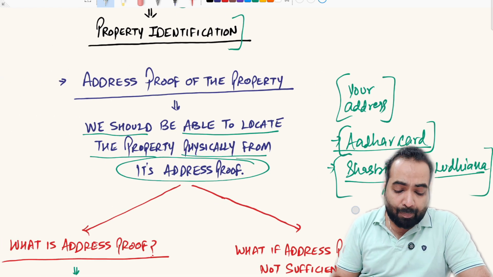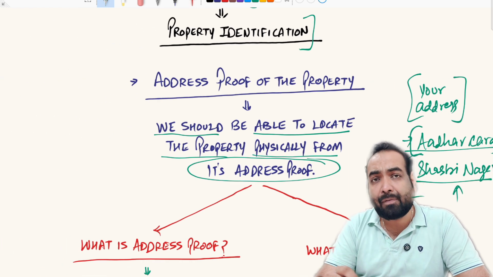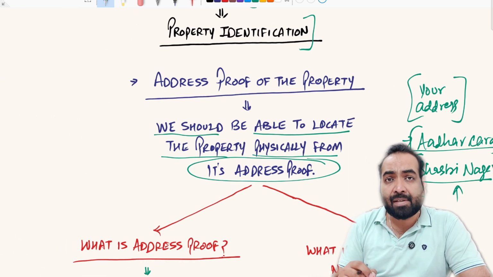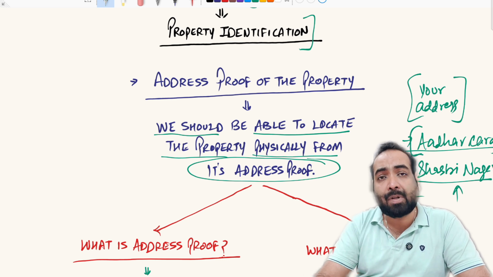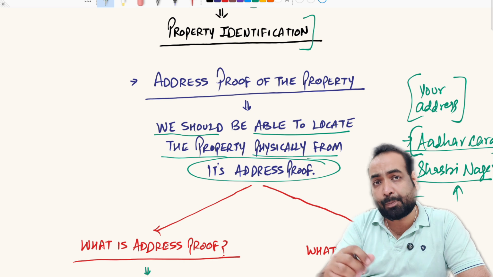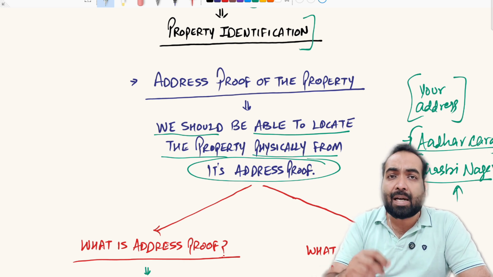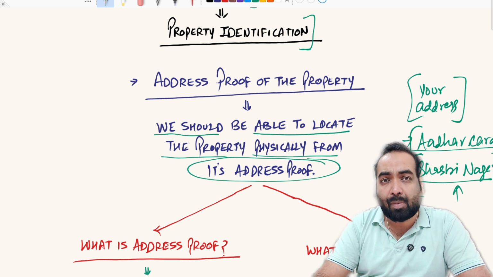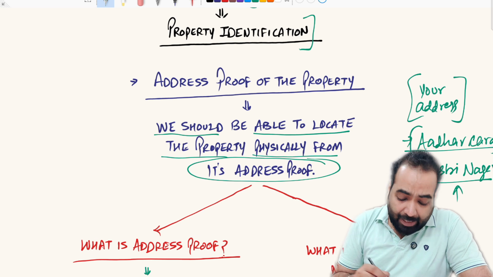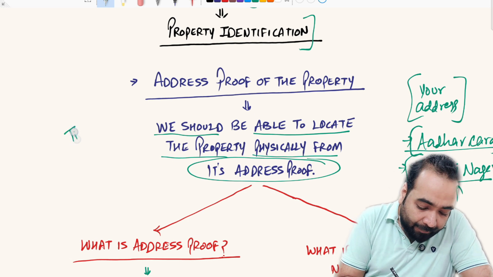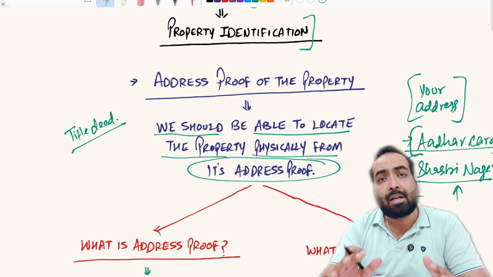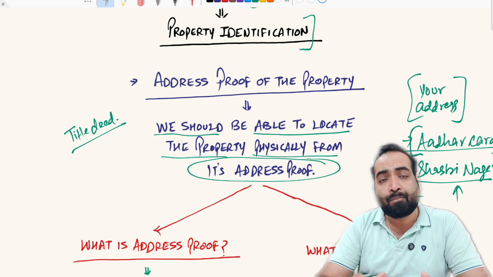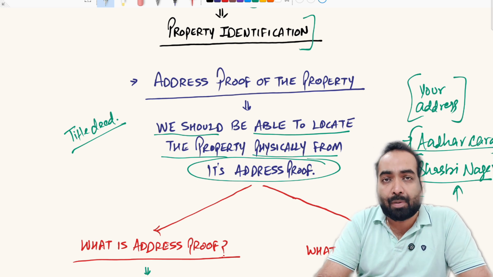And similarly for properties, the bank should be able to physically reach the exact location of the property by reading the address proof of the property. Now you will ask, sir, what is the address proof of the property? So friends, the title deed, the main ownership document of the property, is the sole address proof of the property.